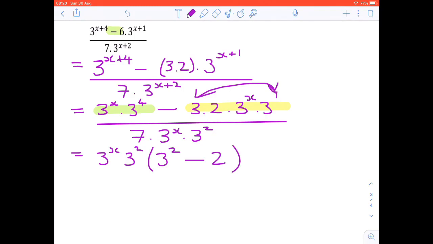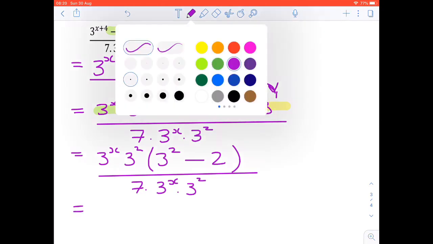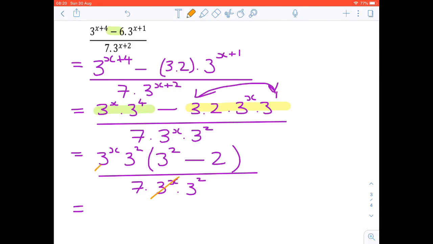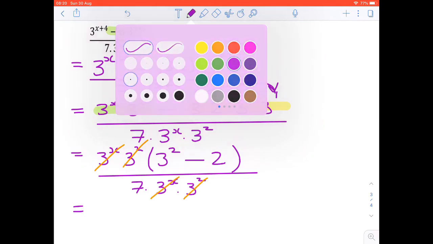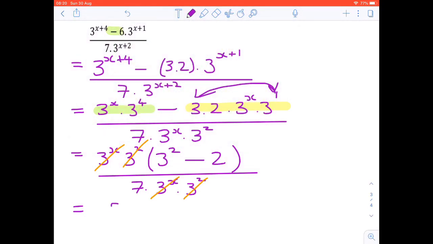That's what we're left with, because we already have the 3 to the x and the 3 squared, all over 7 times 3 to the x times 3 squared, which equals, now we can cancel. 3 to the x cancels, 3 squared cancels, and we're left with 3 squared, which is 9, minus 2 over 7, so we're left with 7 over 7, which equals 1.